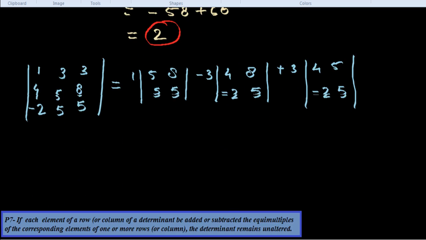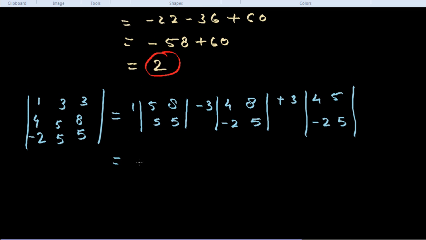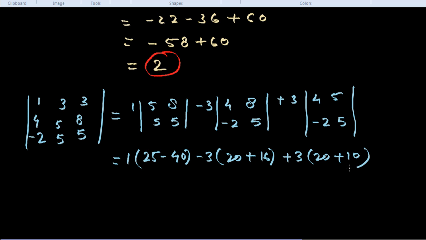Now we simplify this. What happens we see? 1 times 25 minus 40, minus 3 times 20 plus 16, plus 3 times 20 plus 10. We get minus 15, then 3 into 36, and 3 into 30.